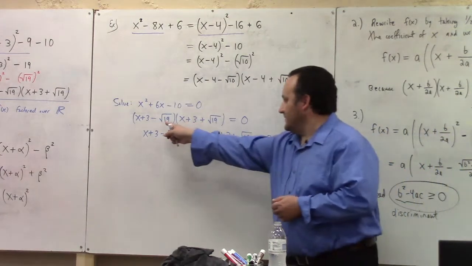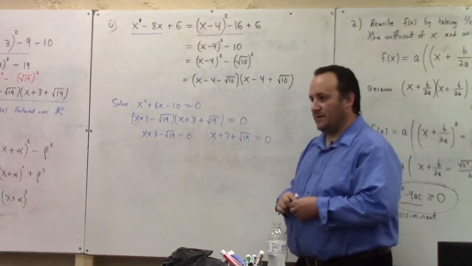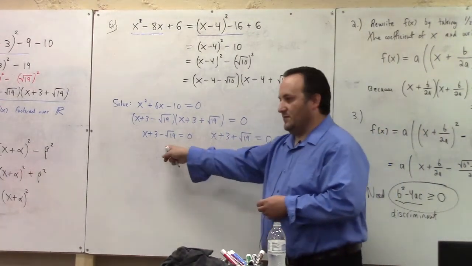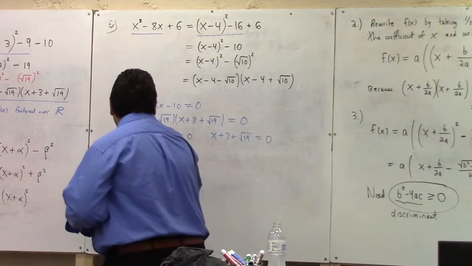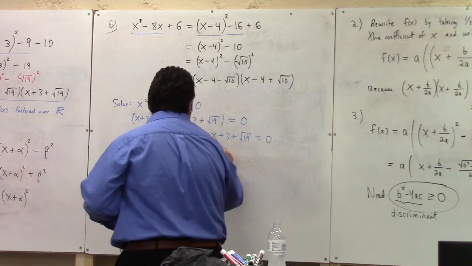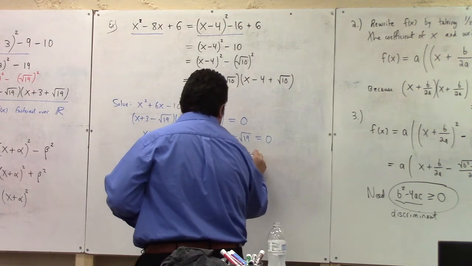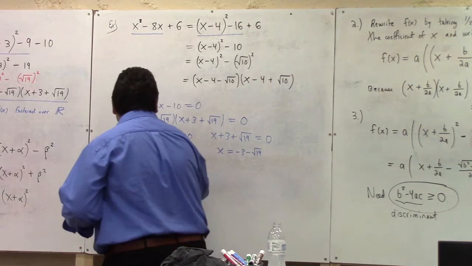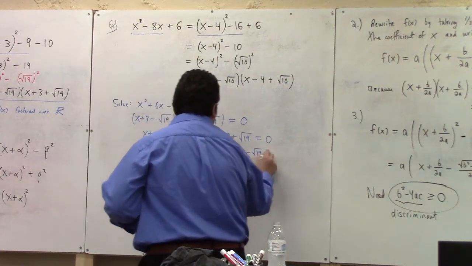If I have this times that equal to 0, then either one or the other is 0. If this is equal to 0, it gives me minus 3 plus root 19. This gives me x equals minus 3 minus root 19. And there you go. Those are the solutions.